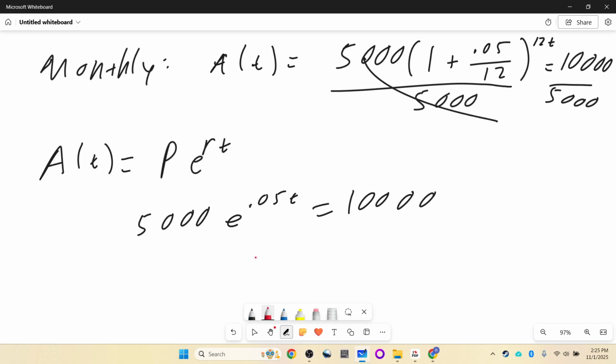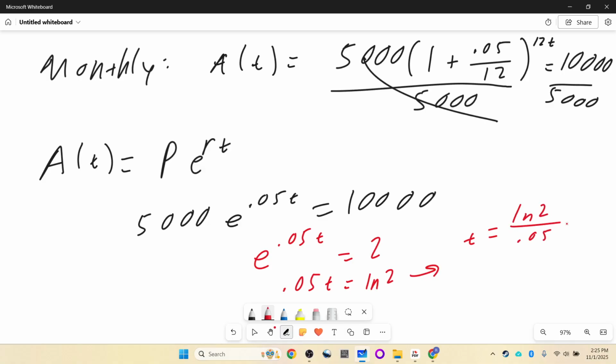So divide by 5,000 both sides, you get e to the 0.05t equals 2, which means 0.05t equals natural log of 2. So t would be natural log 2 over 0.05, which comes out to about 13.86 years.